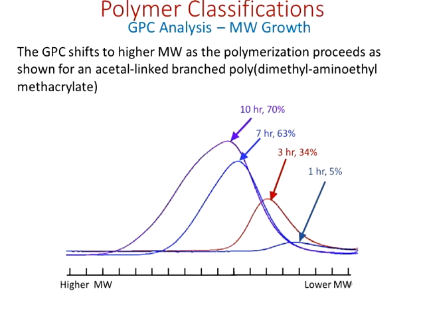When this was done for only 7 hours, we see only 63% completion. We get a lower molecular weight, molar mass. 3 hours, even lower molar mass. 1 hour, pretty much nothing at about 5%. So essentially, we can start to characterize and categorize these polymers based upon their extent of polymerization.